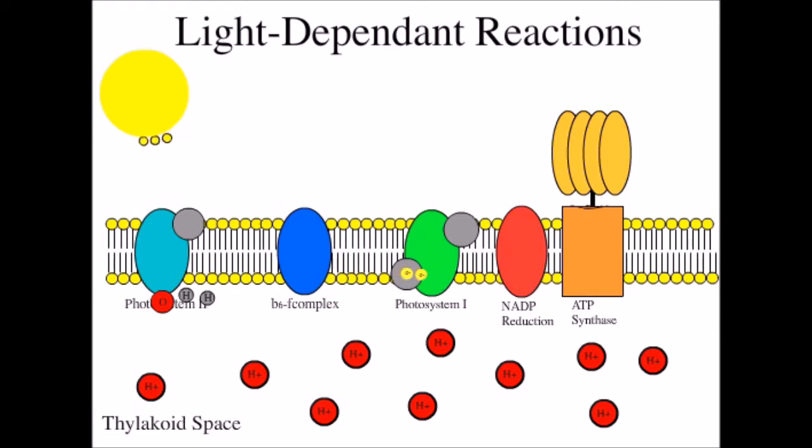The electrons that left photosystem 2 arrived at photosystem 1. In photosystem 1, photons of wavelength 700 nanometers re-energize the electrons.